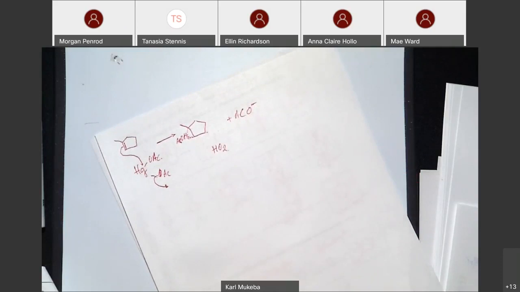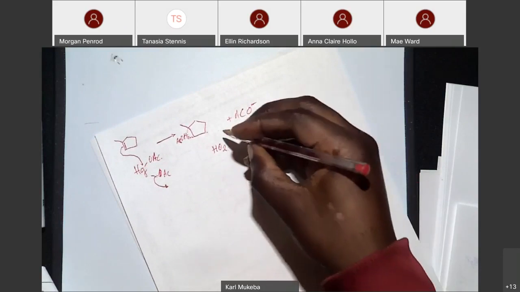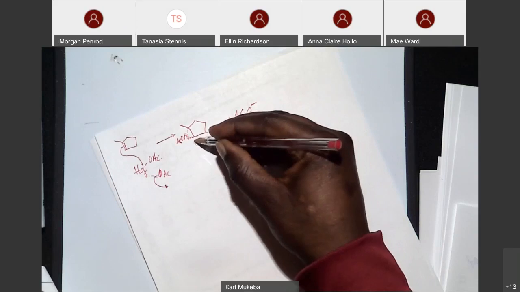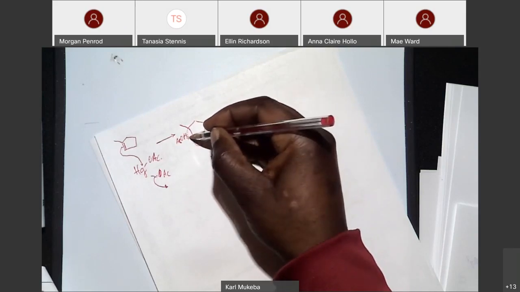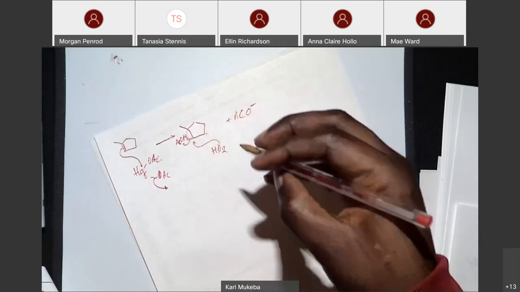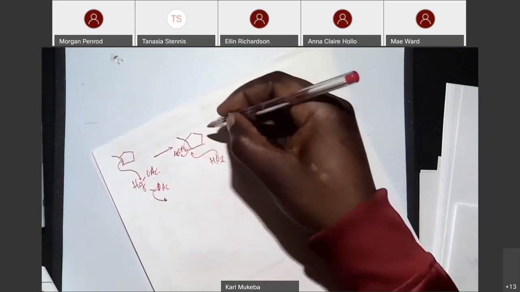OH is going to attack the bond, and this time it will be an SN2 attack. So OH is going to attack from the back side, and then you move from the back side, from the top.